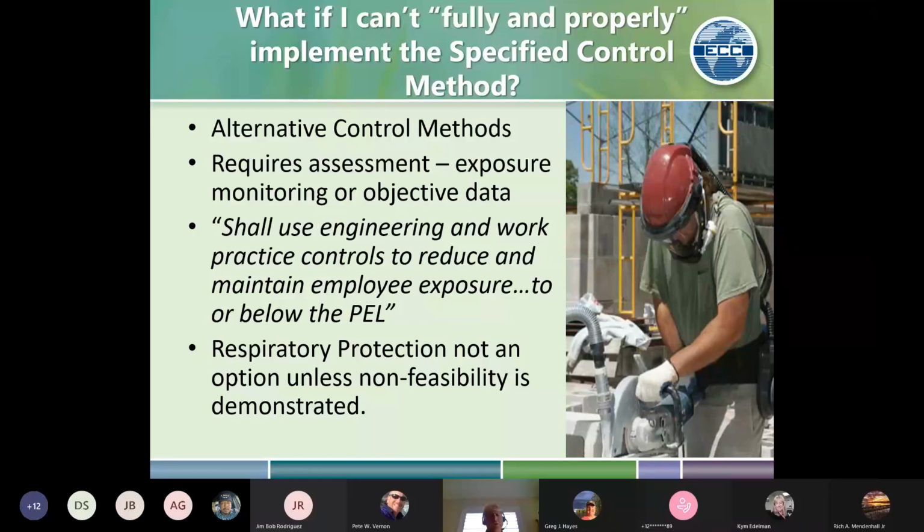And OSHA, as with all health standards, does not accept respiratory protection in lieu of engineering controls. The primary objective is to reduce the exposure using engineering controls, and only use respiratory protection if the engineering controls are not fully effective to bring you below the PEL.